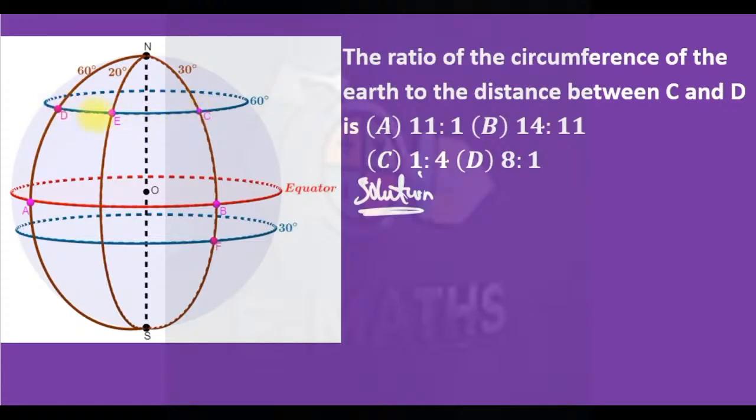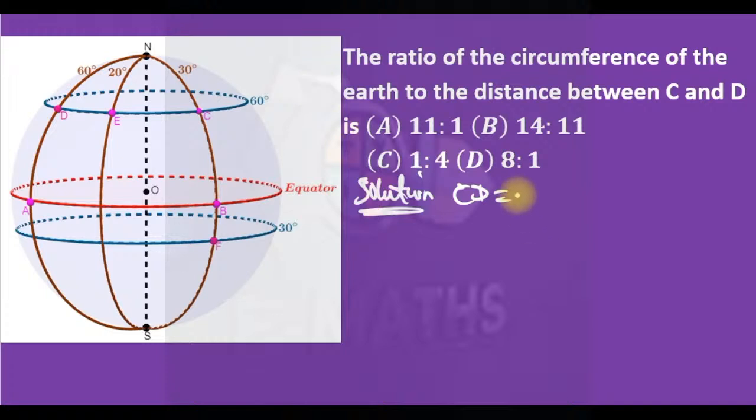So we are talking about distance along the small circle, and we know that the distance is always the angular difference. Angular difference you add or subtract depending if the longitudes are on different hemispheres. As you can see, D is on longitude 60, while C is on longitude 30. So they are different. This is west and this is east.